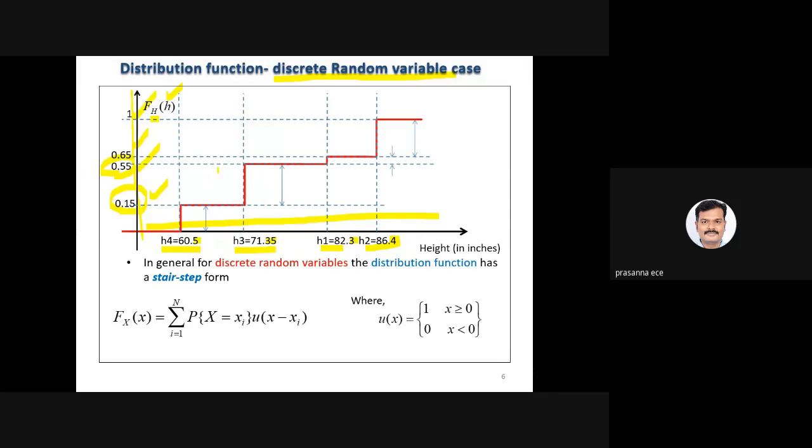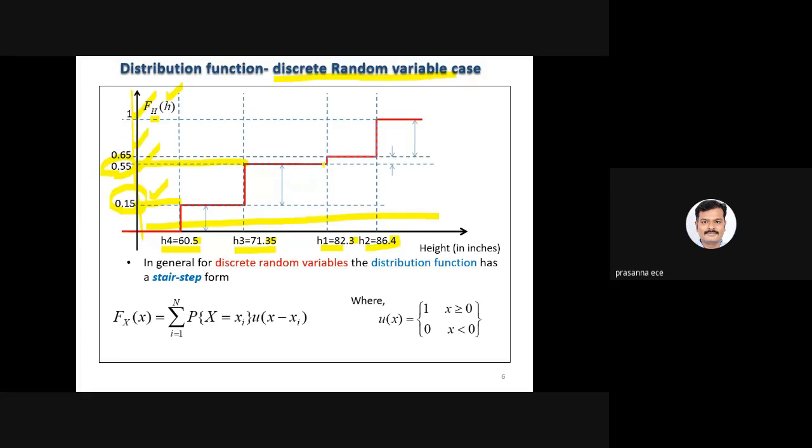So what does this red staircase denote? The probability of students with height less than 60 inches getting selected is 0.15, and that is what is denoted here. The probability of students with height less than 71 inches getting selected is 0.55.